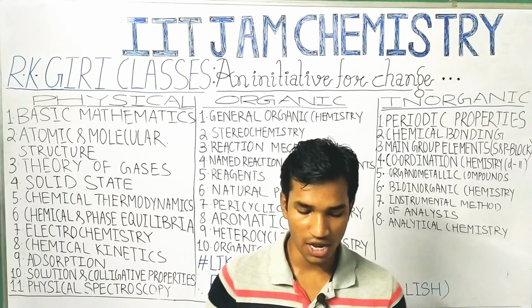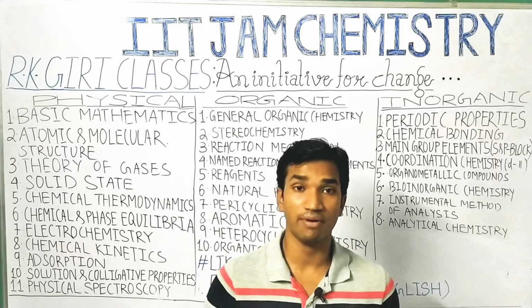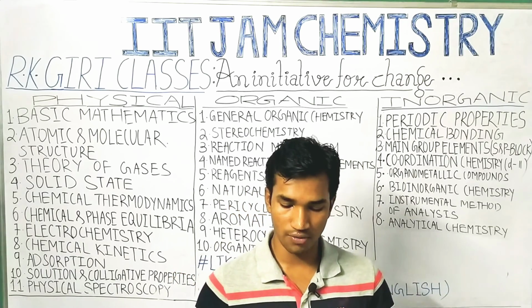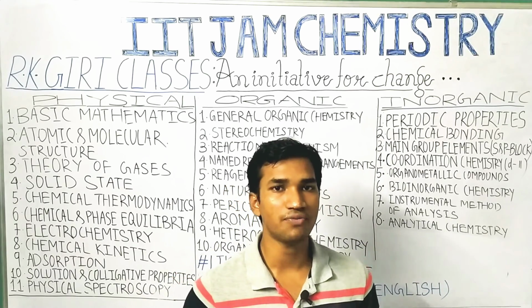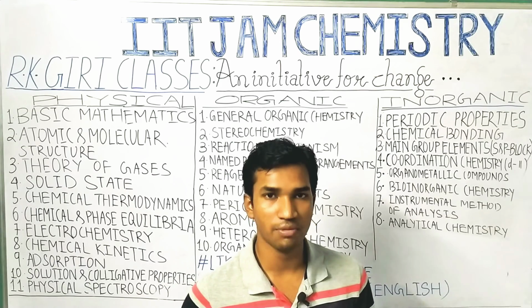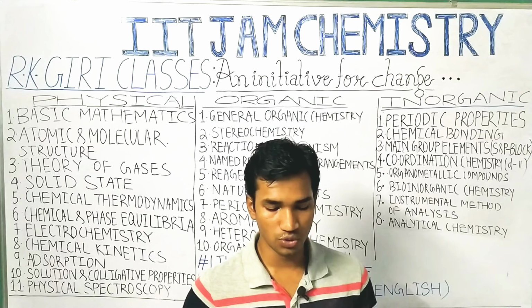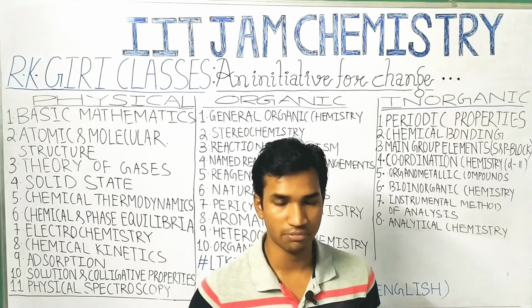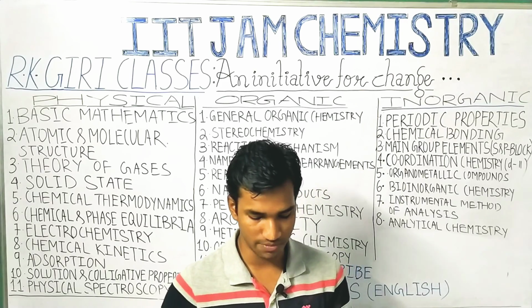I don't have exact data, but in 2019 the students who participated in this examination were 15,730. That means every year you can find almost 1,500 to 2,000 students increasing. So that means competition is increasing, and the organizing institute is trying to raise the level of this examination pattern for better quality.